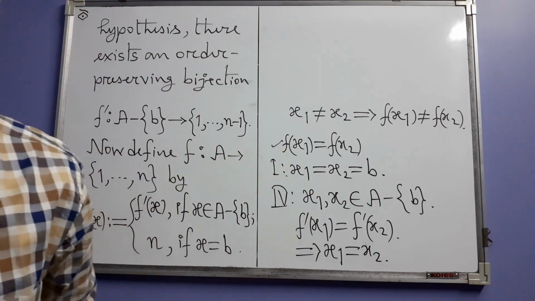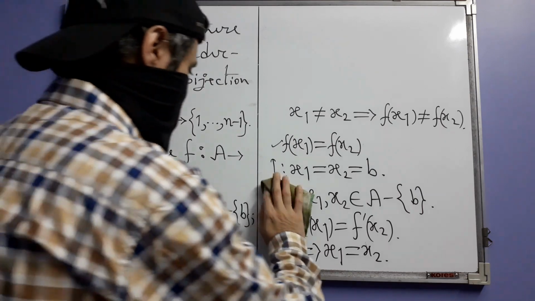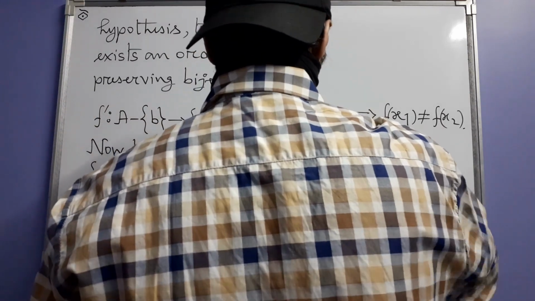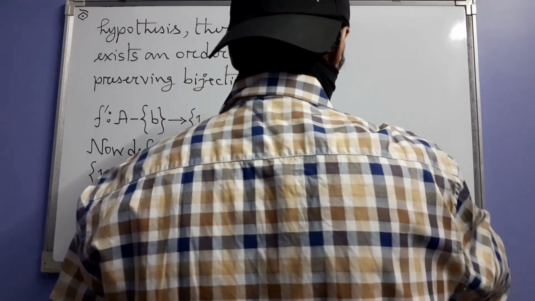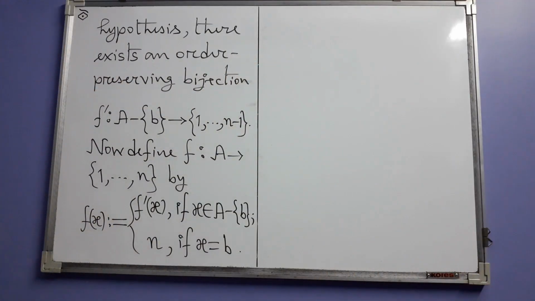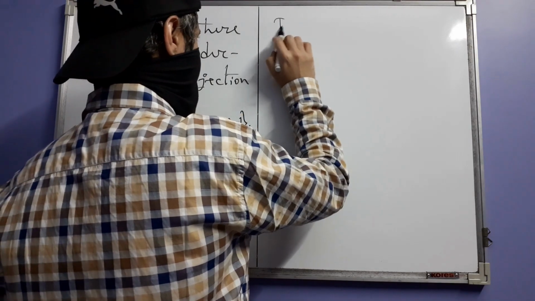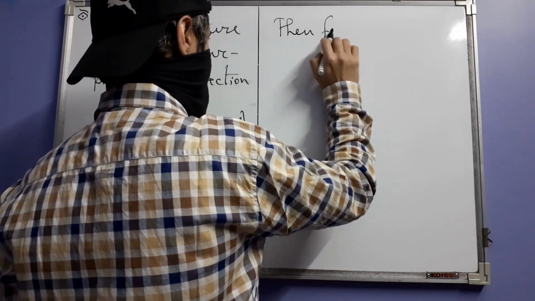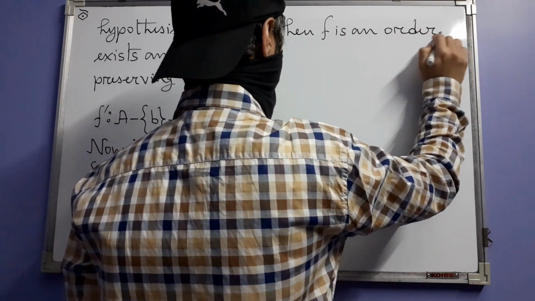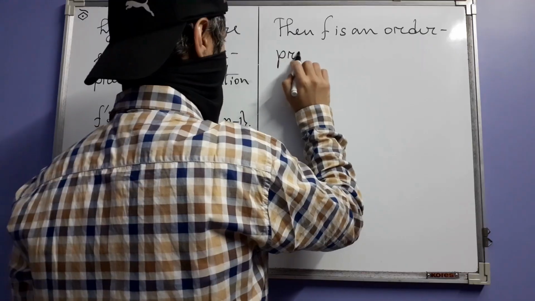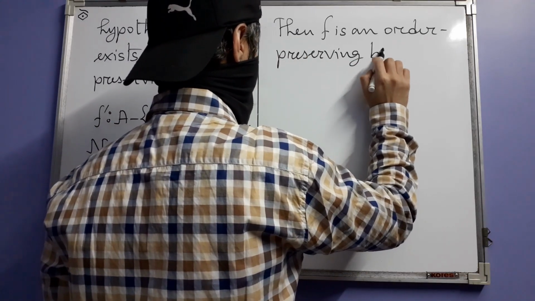Let's see how it is over. Then f is an order preserving bijection.